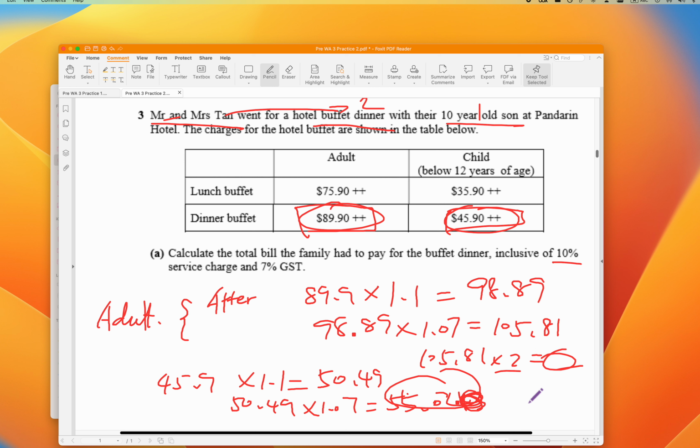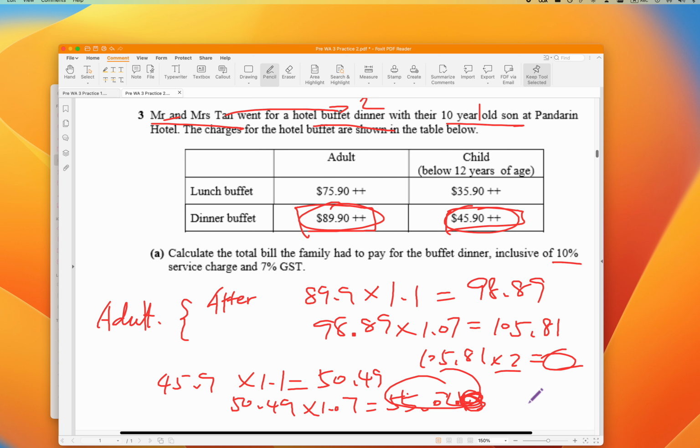Actually, I don't prefer this way of doing things. Do you know why? No. Because, supposedly, one adult is 89.9 plus, meaning you need to find out one adult's total is how much.